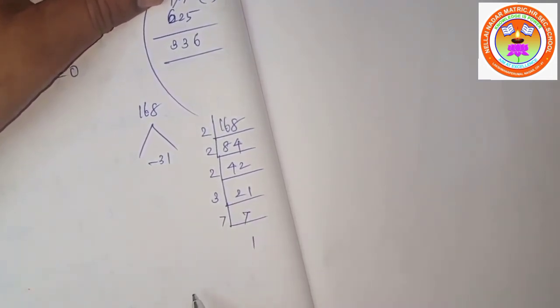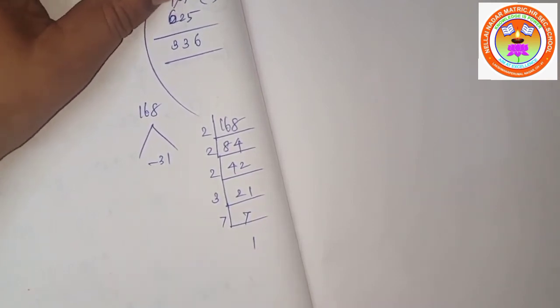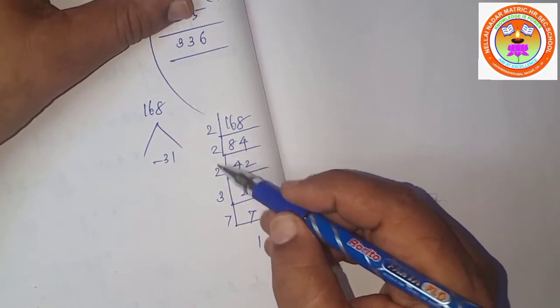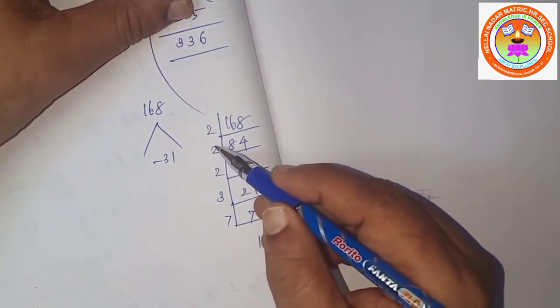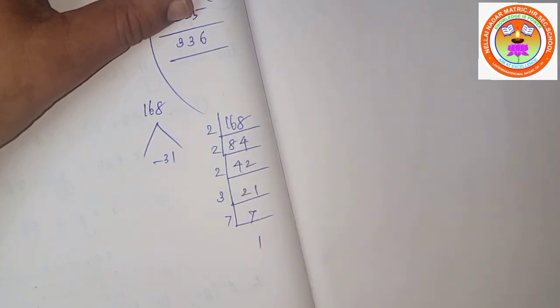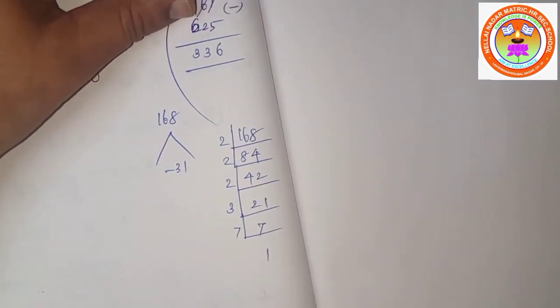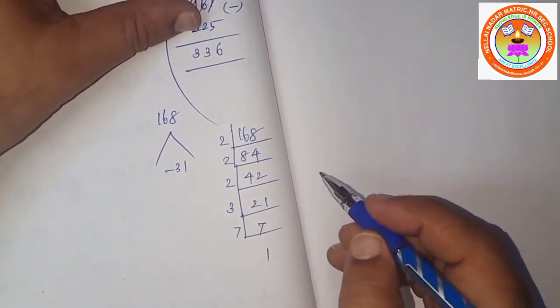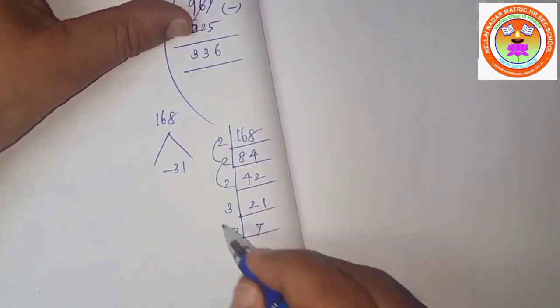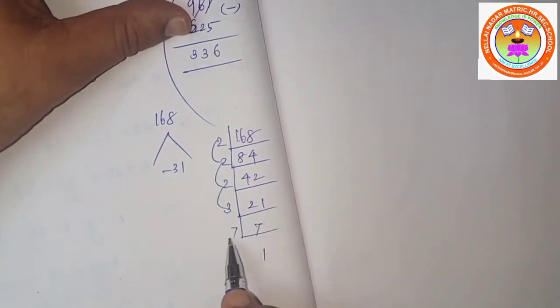In which combination can you get 31? We can take 2 twos are 4, 2 fours are 8, 8 threes are 24, and 7.